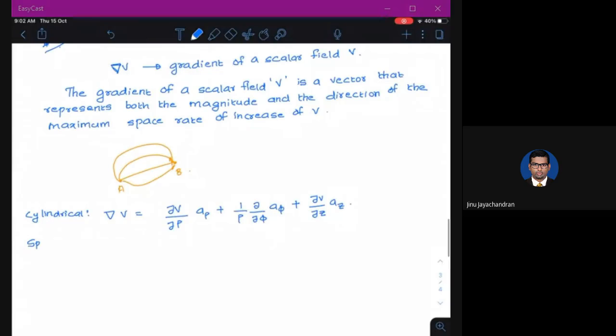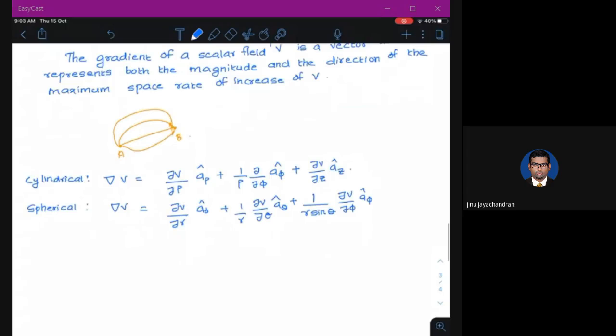Similarly, in spherical, it is given as del v equal to ∂v/∂r ar cap plus (1/r) ∂v/∂θ aθ cap plus (1/(r sin θ)) ∂v/∂φ aφ cap. This is the expression of the gradient of v in cylindrical and spherical coordinate systems.